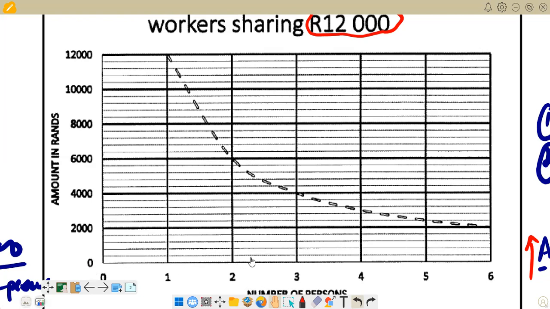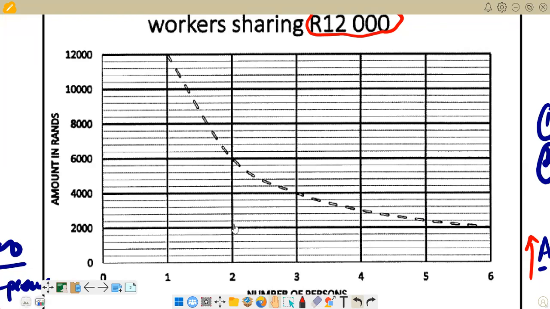No matter how many people are going to share the 12,000, they cannot get a 0 amount. Whether we have 1 million people sharing the 12,000, they are going to get a certain fraction of that amount, which is not going to reach 0. So it means this curve cannot reach 0.